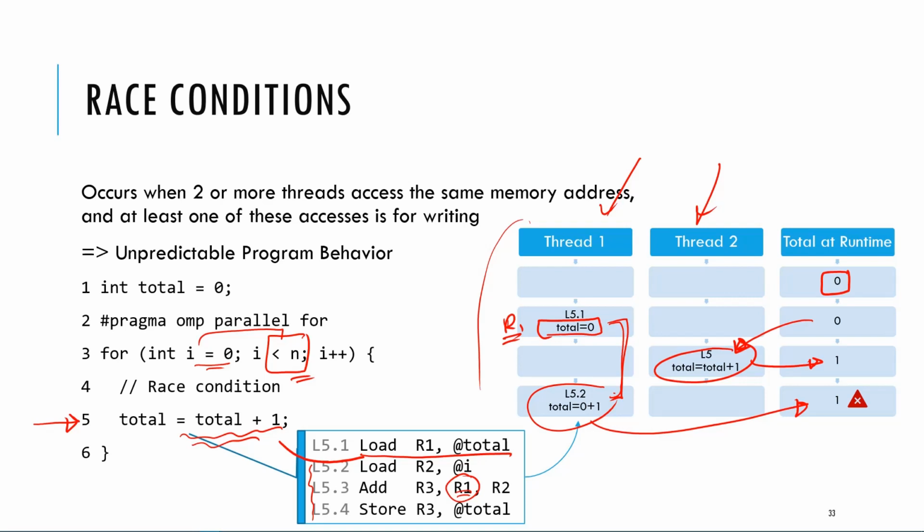If you don't get it easily, you can accentuate this problem by cutting it into separate equivalent lines: put in temp the value of total, put in temp the value of temp plus one, and then store back the new value of temp into total.